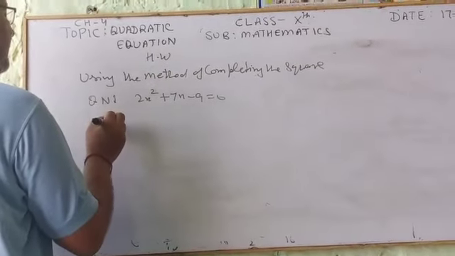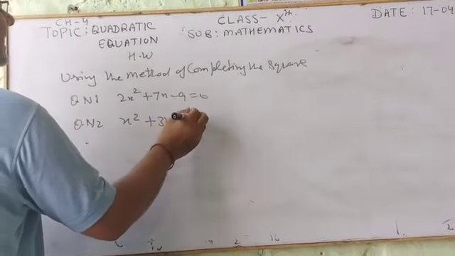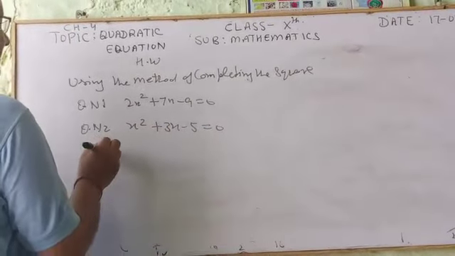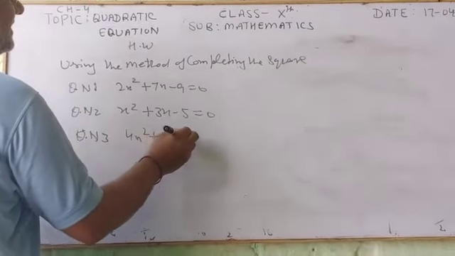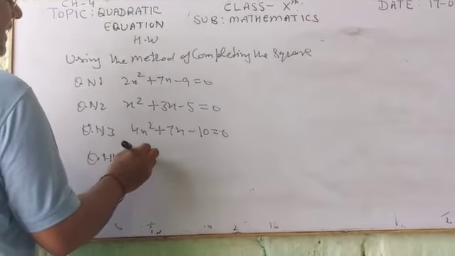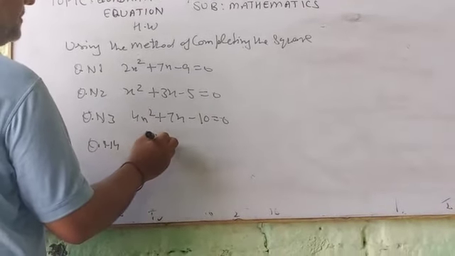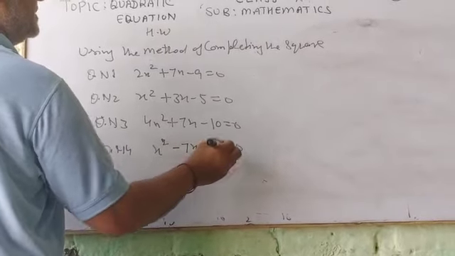Question number 2: x square plus 3x minus 5 equal to 0. Question number 3: 4x square plus 7x minus 10 equal to 0. Question number 4: x square minus 7x minus 8 equal to 0.